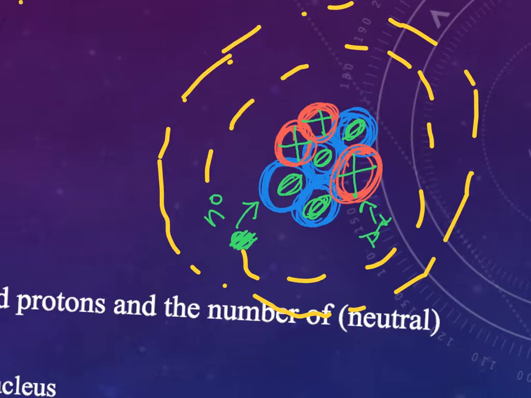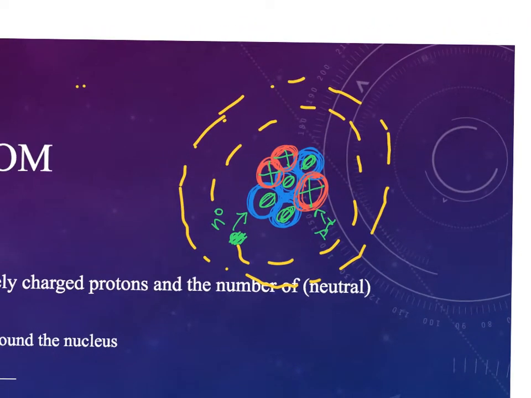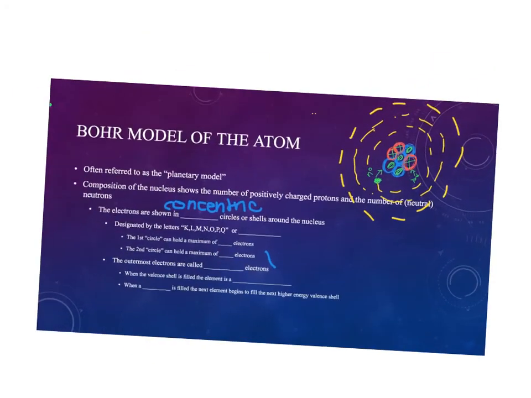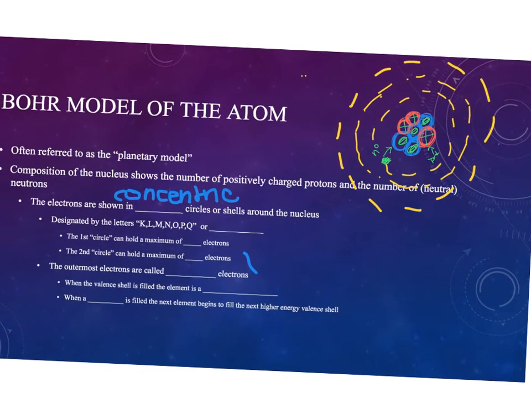Actually, there are some questions that I've seen with dashed concentric circles, so this isn't even not accurate. This is kind of good that I drew it like this. So concentric, getting bigger as you go out. I'm assuming that's what this means because it says notes from like 3 years ago. I just understand the word in that sense, and I hope you understand it as well. So yeah, planetary model, concentric circles.